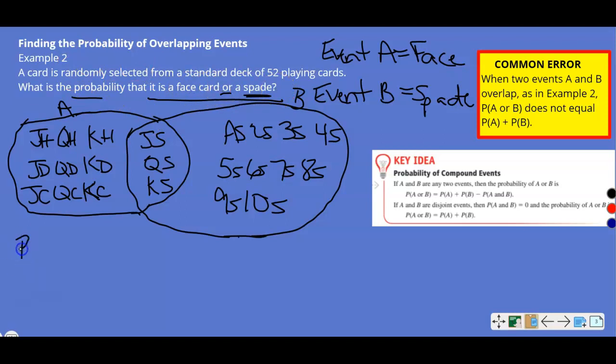So probability of, I was going to say event A, but let's just say face card or spade.